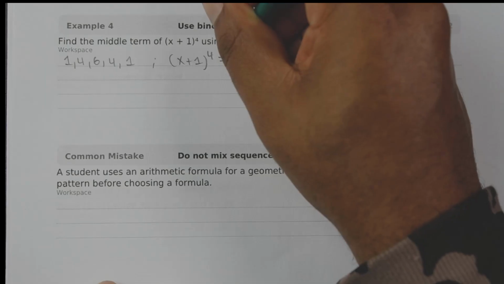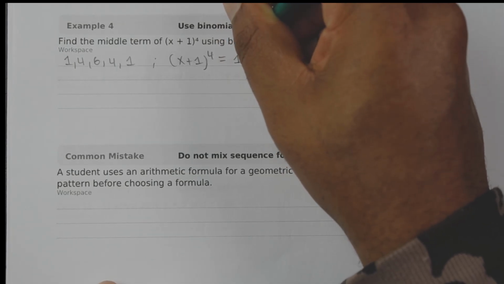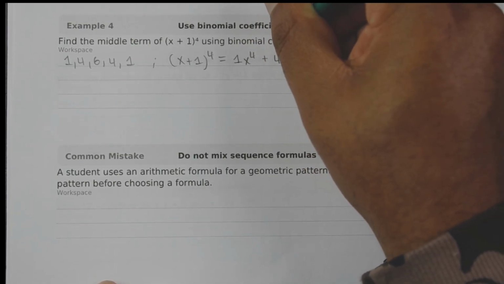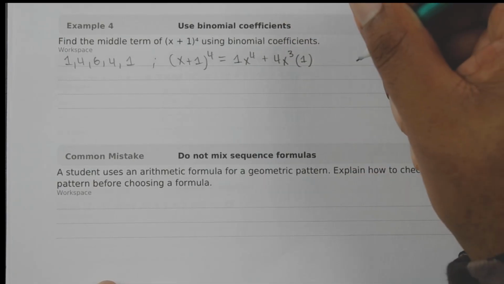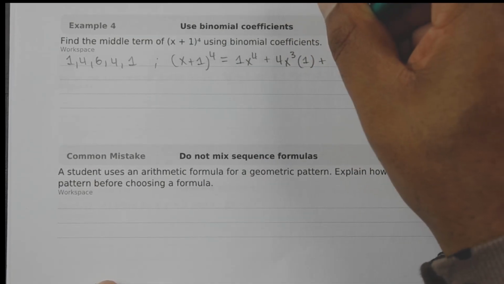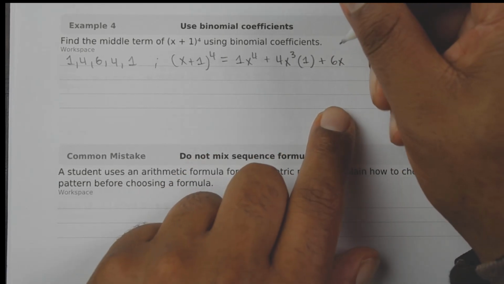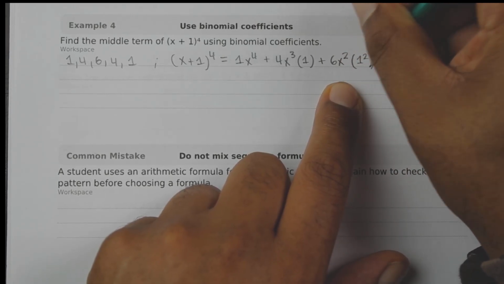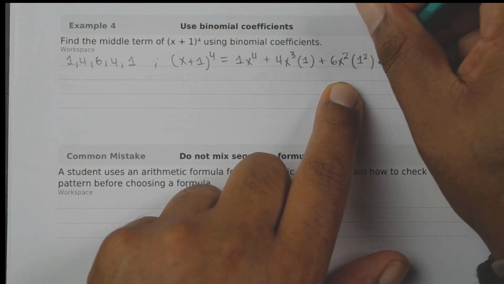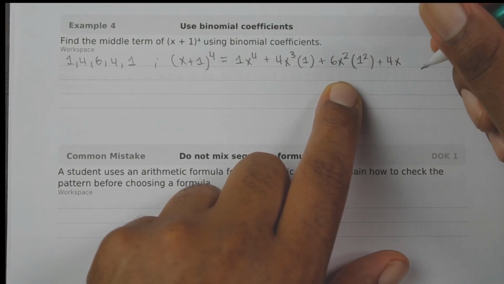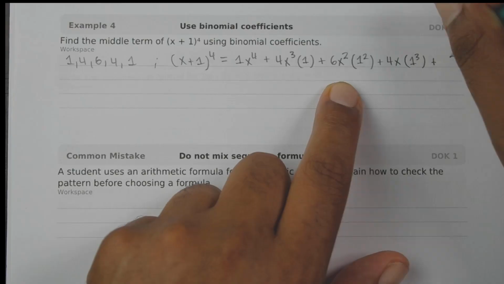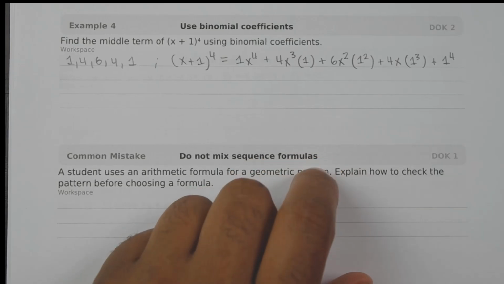essentially write that as 1 x to the power of 4 plus 4 x cubed parentheses 1 plus 6 x squared times 1 squared plus 4x times 1 raised to the power of 3, and then plus 1 raised to the power of 4.